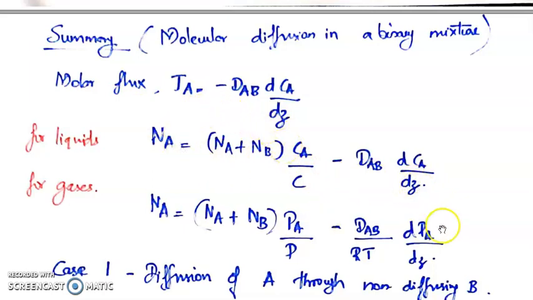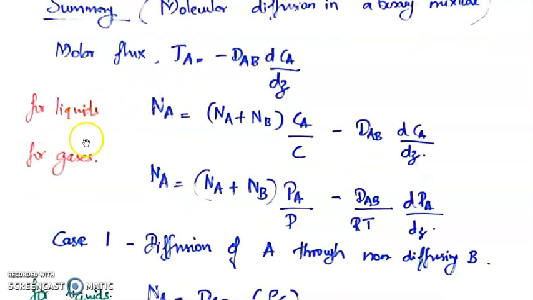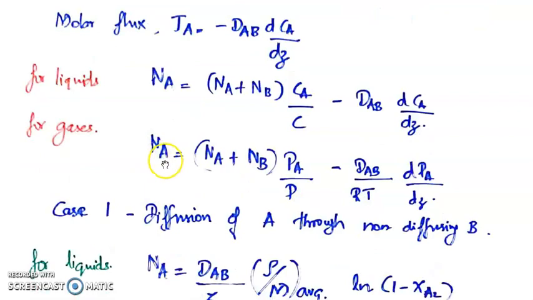This is generally used for liquid phase diffusion. Similarly, for gas phase diffusion, we applied the ideal gas assumption, and we got Na is equal to Na plus Nb into Pa by P minus DAB by RT dPa by dZ, where Pa is the partial pressure of component A and P is the total pressure.